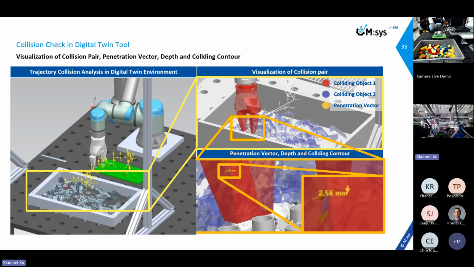After planning, the robotic arm simulates the path in the digital twin tool, displaying collision data if issues arise. The figure shows the digital twin highlighting the collision pair, depth, and vector, which adjusts the waypoints opposite the penetration vector to ensure a collision-free path.